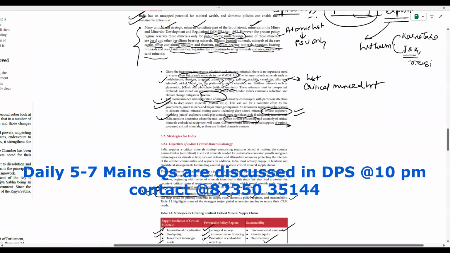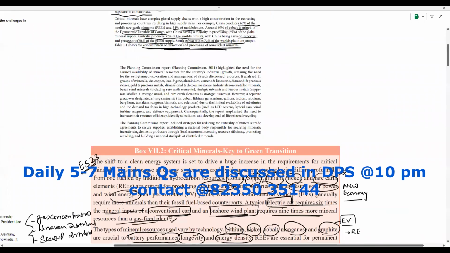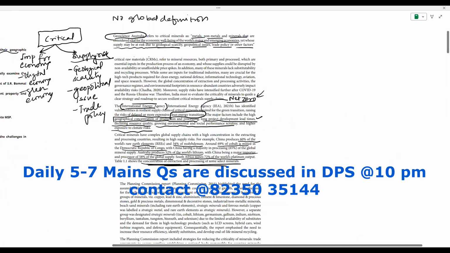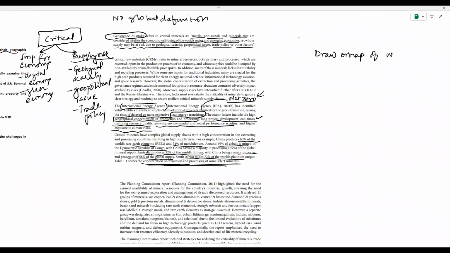Guys, is this clear? I have tried to cover it more holistically. You can draw the map of the world also. Anyone has any doubt?